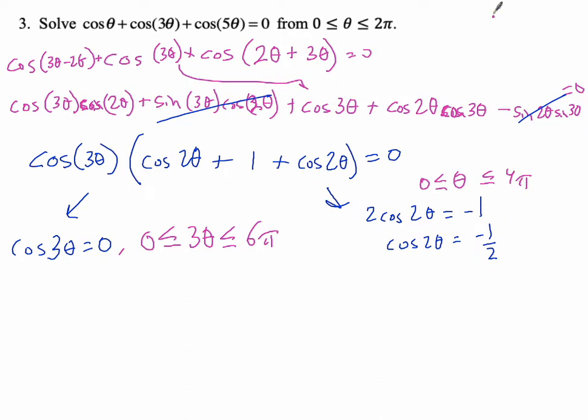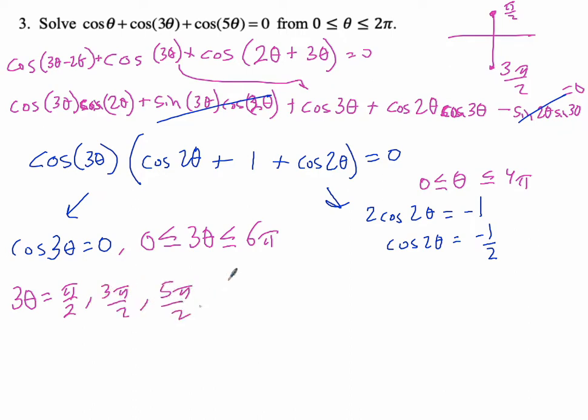Okay, cosine is 0 here at pi over 2 and at 3 pi over 2. So 3 theta equals pi over 2, 3 pi over 2, 5 pi over 2, we're going all the way up to 6 pi, 7 pi over 2, 9 pi over 2 is 4.5 pi, right?